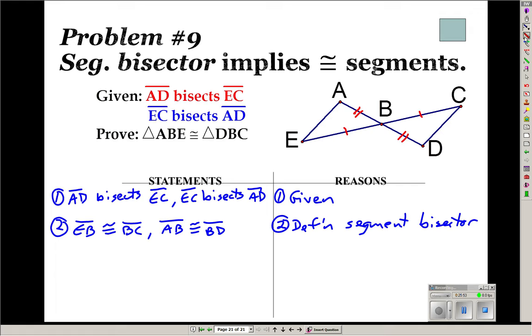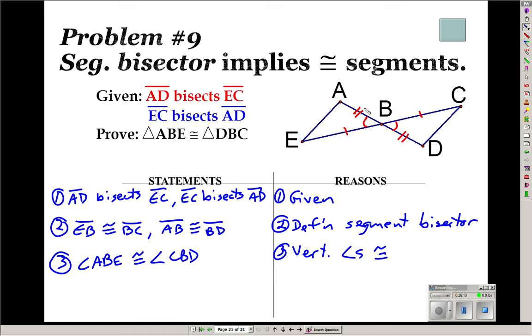We've got vertical angles. So use the vertical angles. Those are always congruent. Angle ABE is congruent to angle CBD because vertical angles are congruent.